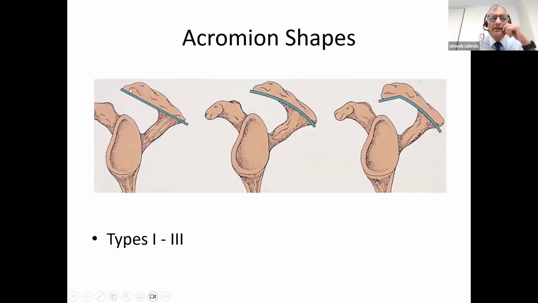Now, the undersurface shape of the acromion correlates with the frequency of impingement. So type 1 is when it's a nice flat surface, least likely to be associated with impingement. A curved acromion is more likely to be associated with impingement, and a hooked acromion like this, where there's a bony spur or osteophyte at the front, is even more likely to be associated with impingement.